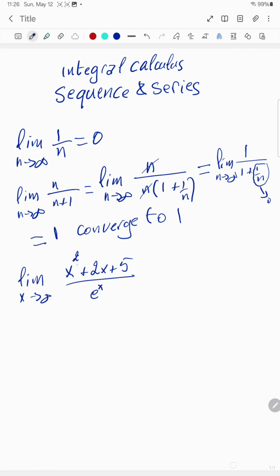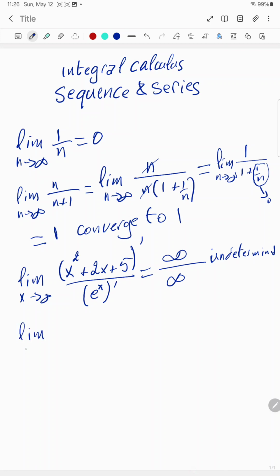And when x goes to infinity, infinity squared is infinity plus 2 times infinity, infinity, and infinity plus 5 is infinity. So this is equal to infinity divided by e to the power of infinity, which is infinity. So this is undetermined. Here let's apply L'Hospital's rule. I find the derivative of the numerator and the derivative of the denominator.